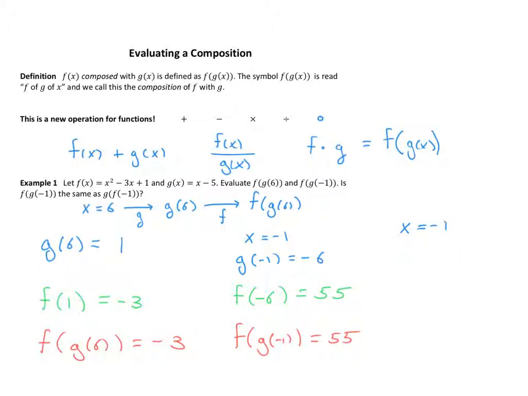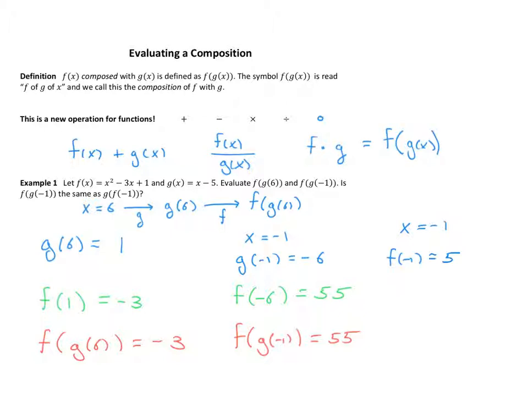All right, so starting with f of negative 1, I'm now plugging that number into this function. That's negative 1 squared minus 3 times negative 1 plus 1, or 1 plus 3 plus 1. That's 5.